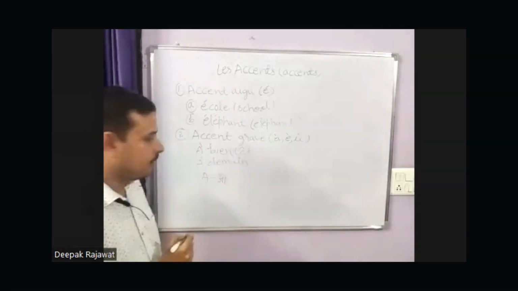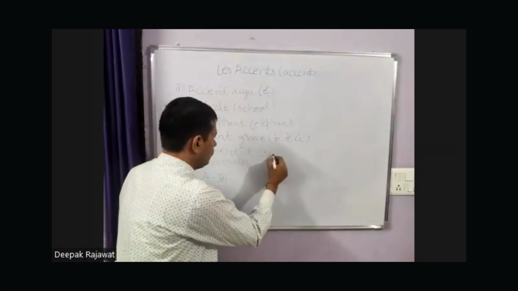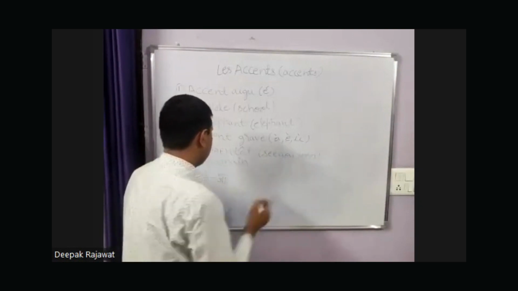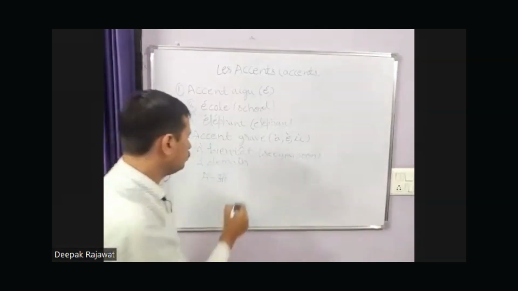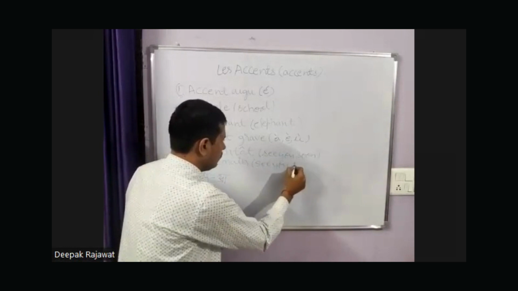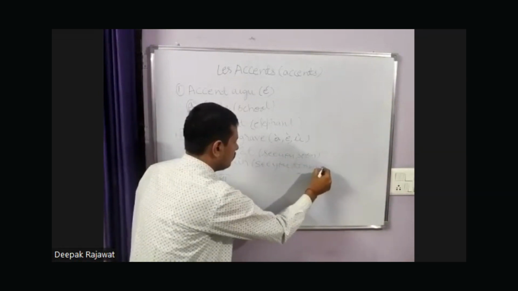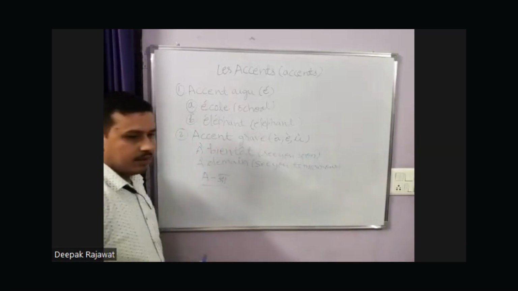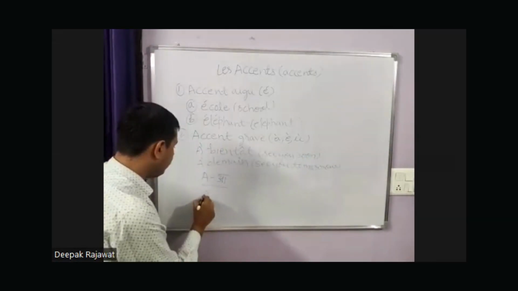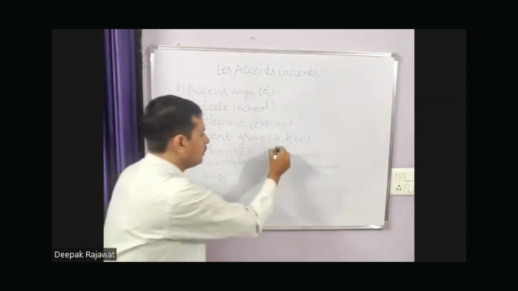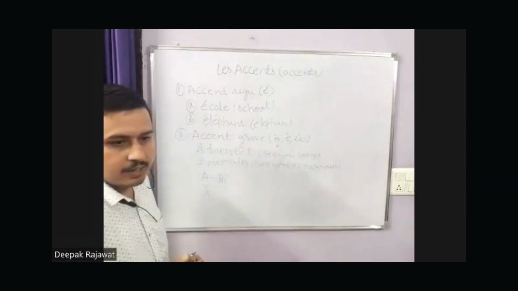À demain. À bientôt is see you soon. À demain is see you tomorrow. So we have done A is a, and when we put the accent, it's also a. So it doesn't affect the pronunciation. Here it remains the same.